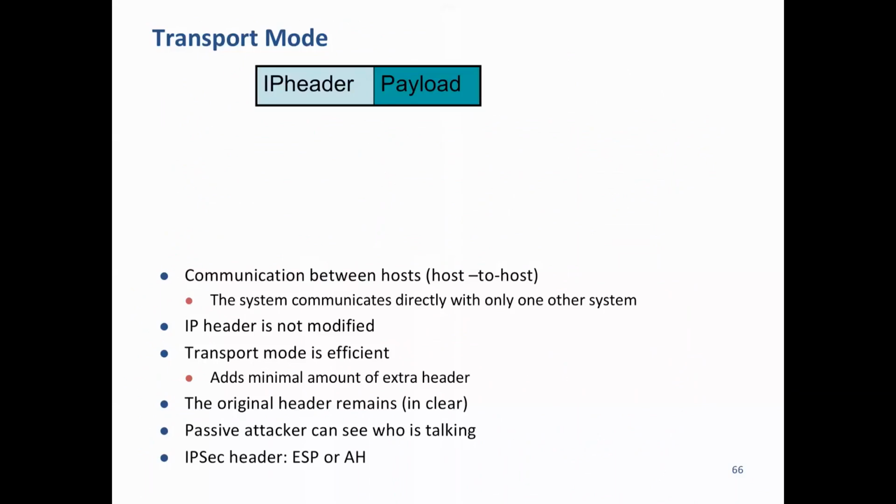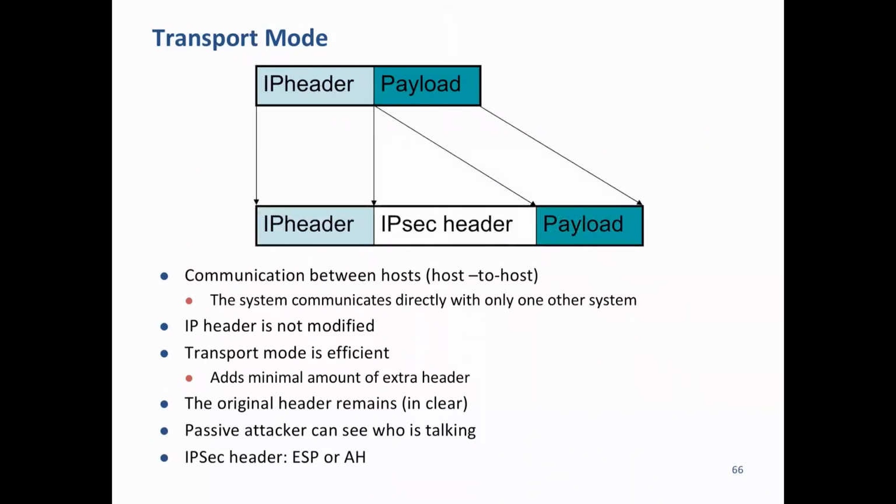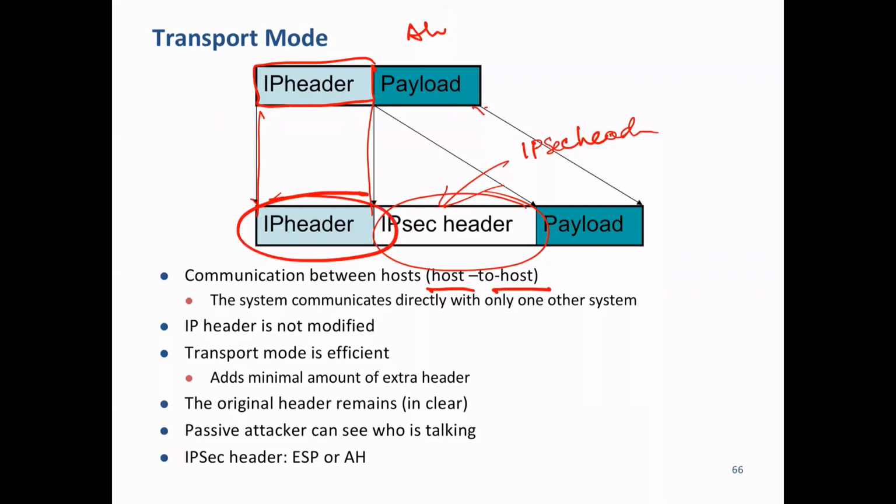Similarly, we can have transport mode, which is host to host, not gateway to gateway. You use the same IP header, the original header which Alice's machine creates, but in between insert the IPSec header. Okay, now this goes in plain, as it is, right?